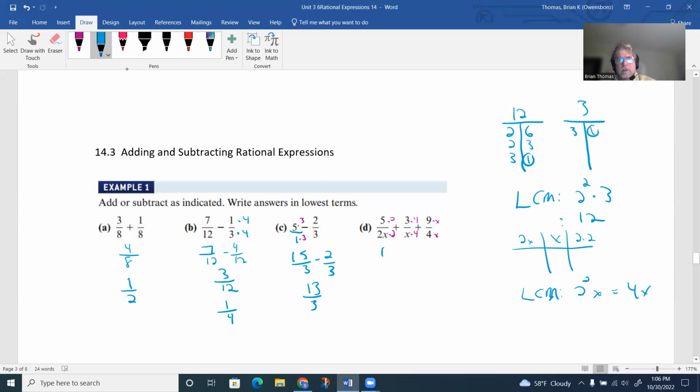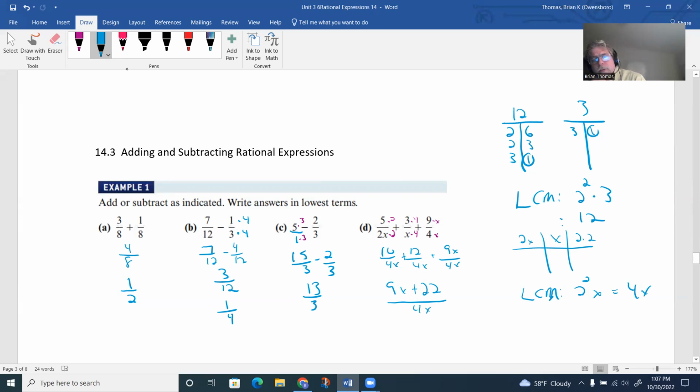So this is going to be 10 over 4x plus then 12 over 4x plus then 9x over 4x. So again, dealing with like fractions, we got that 9x on the top plus then 22 divided by 4x.